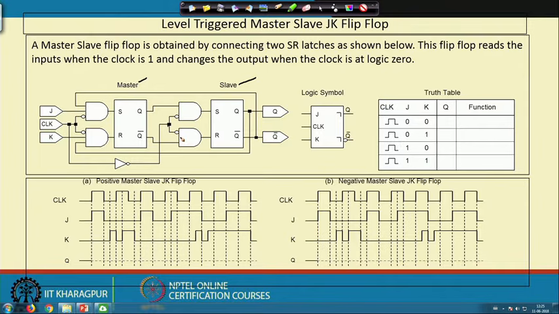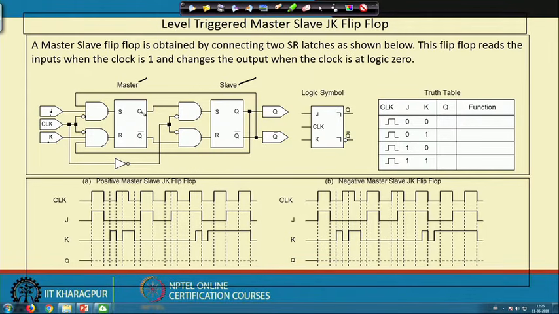So, you see that when the clock signal is high, depending upon the values of J and K, this Q and Q bar will come. Now, the clock signal will become low. When the clock signal becomes low, whatever the values of J and K, they cannot change this SR flip flop.